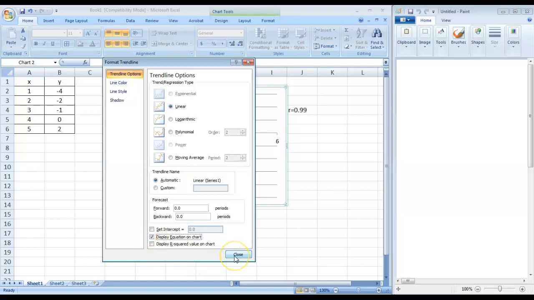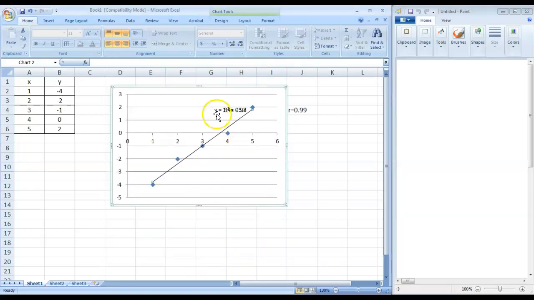In my case, I'm going to click close. Right now you don't see the equation because it's overlapping the R square, so I'm going to click and drag so you can see the equation. And look, Excel found the equation of the linear pattern, the formula of the linear pattern shown in the scatter plot.